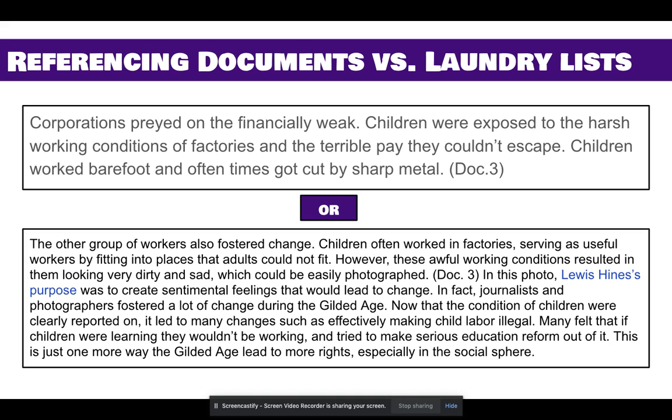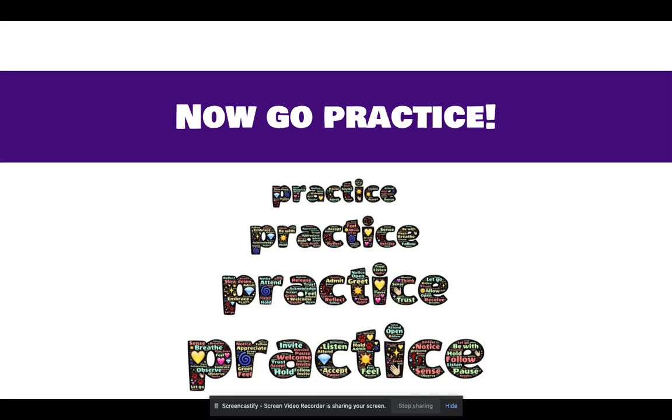You can see both are referencing the image parenthetically, but the second one actually shows you, and it's highlighted in blue, who the photographer was and what he was trying to do to make change during this time. So again, being very specific and very detailed in how we are talking about history.